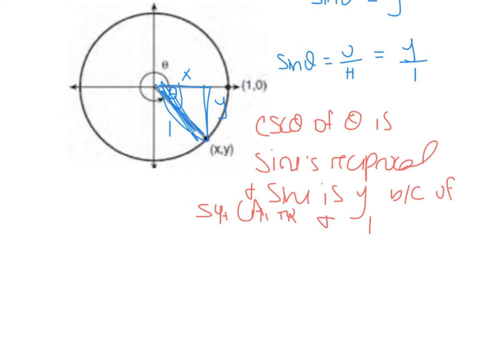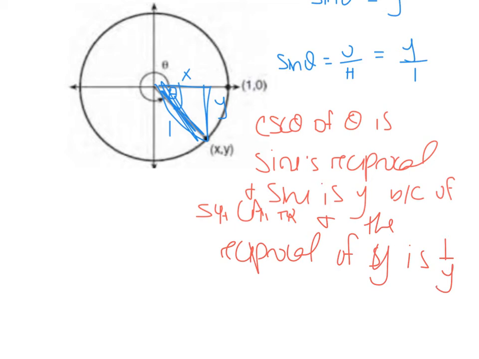And the reciprocal of y is 1 over y. Something like that. It doesn't have to be too fancy, but basically you have to say that we know sine is the reciprocal of cosecant, or vice versa.